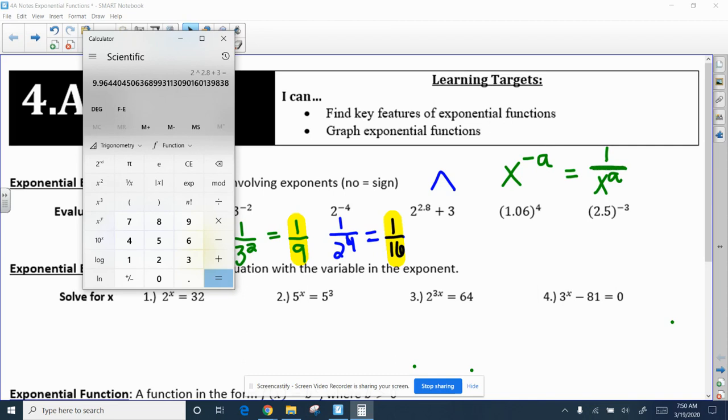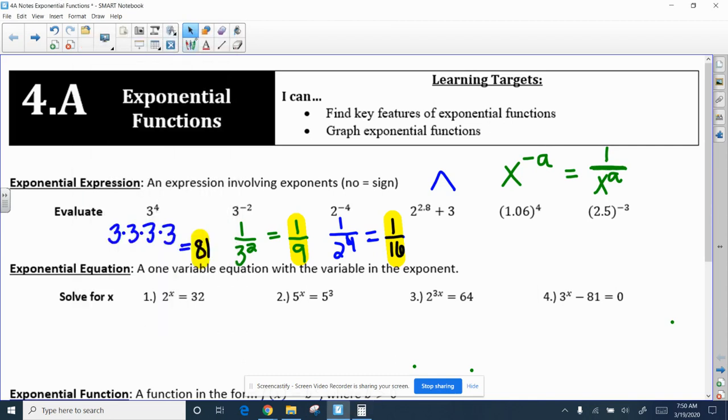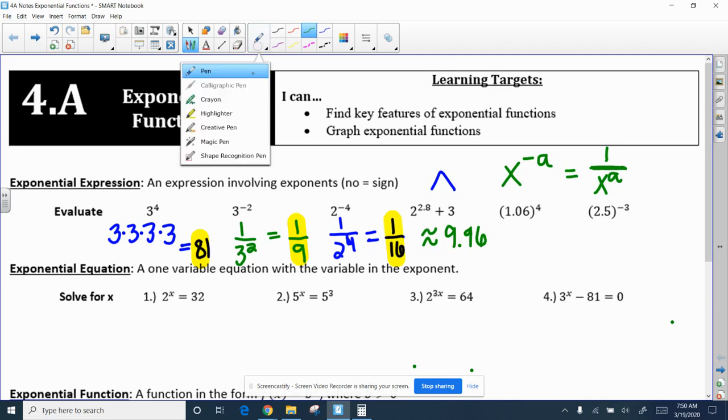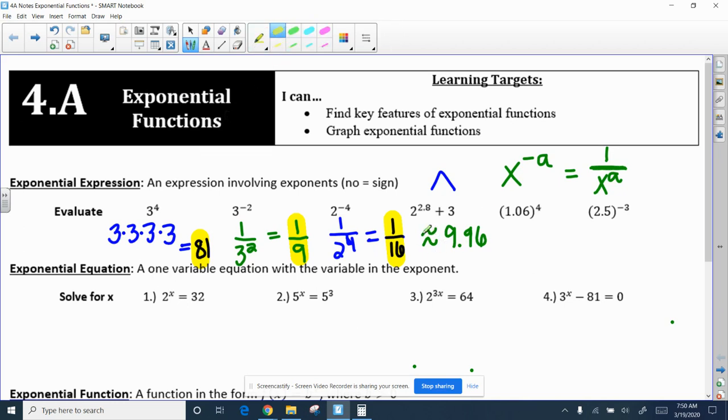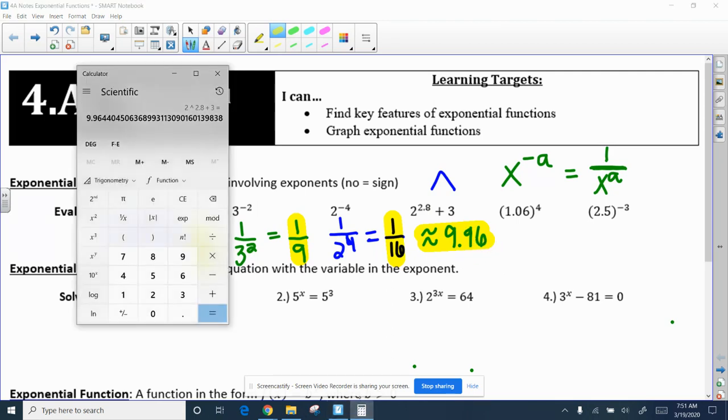So 9.96 was our approximation. And remember, our squiggly equal sign means approximation. That is a good habit to use anytime we are rounding or approximating. So use your calculator and make sure you get that answer to make sure that you entered it in the calculator correctly.